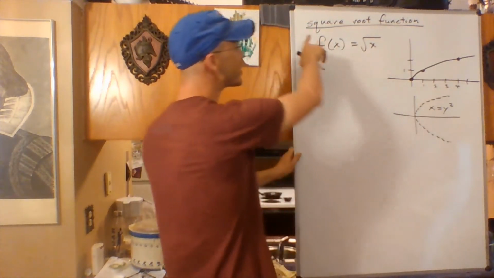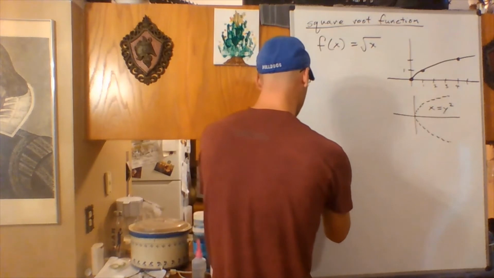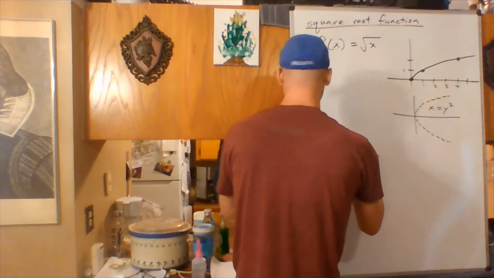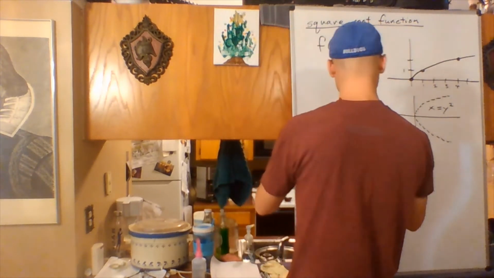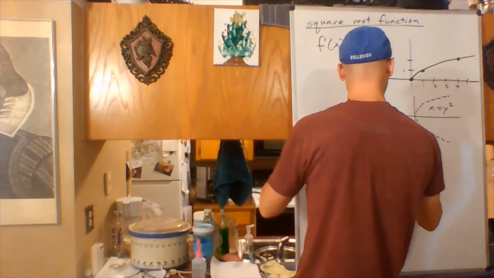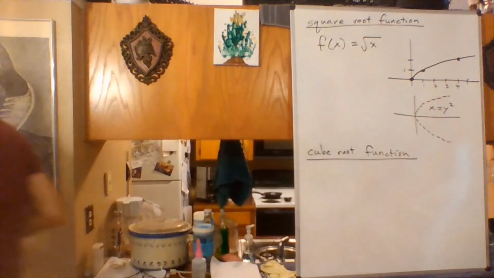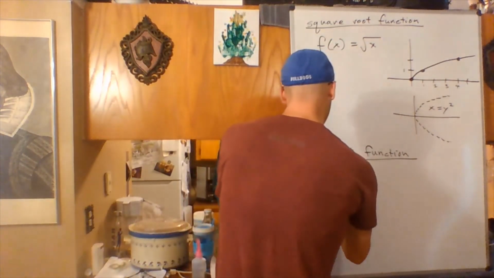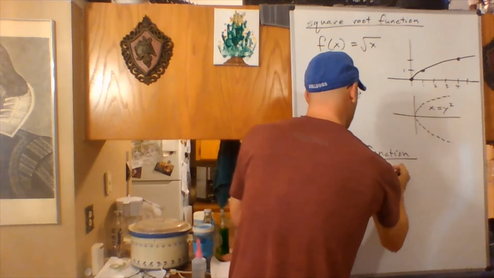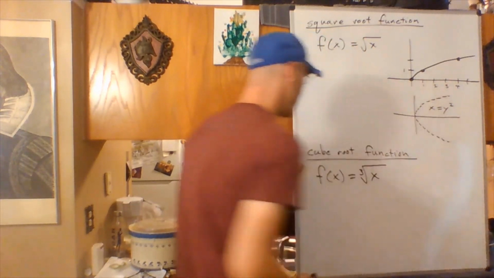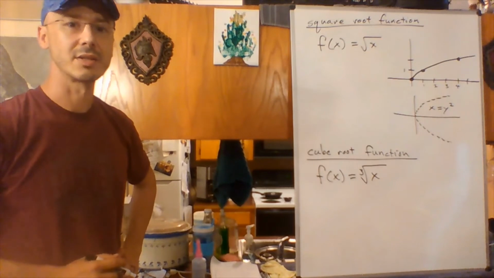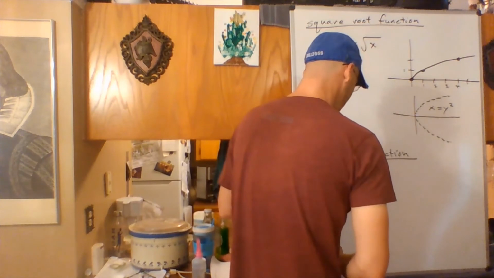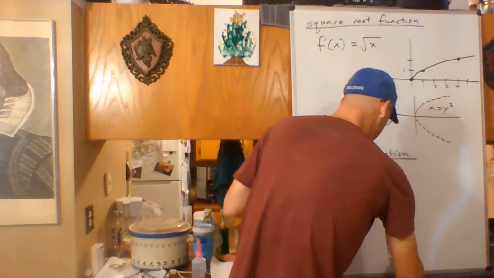And then one that's related to the square root function is the cube root function. And that's the function defined by the formula f of x equals the cube root of x. Now this one, I'm going to draw the graph a little bit differently.